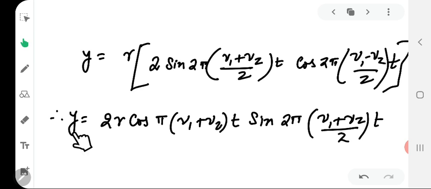Now this equation represents a harmonic wave of frequency (nu 1 plus nu 2) by 2 and of amplitude 2r cos pi (nu 1 minus nu 2) times t. So this amplitude varies with respect to time.